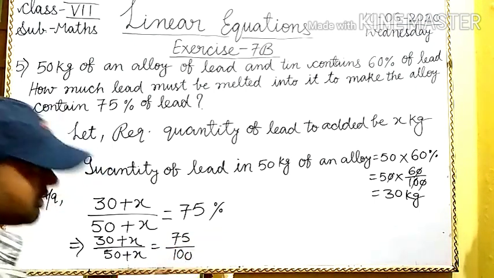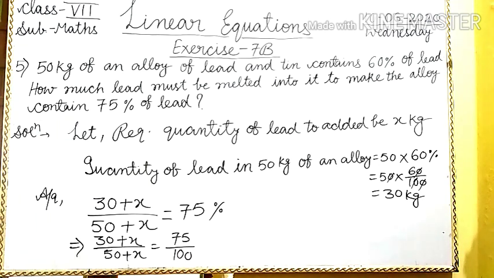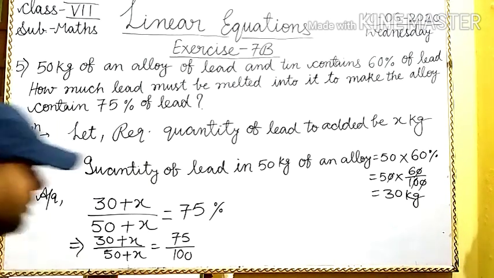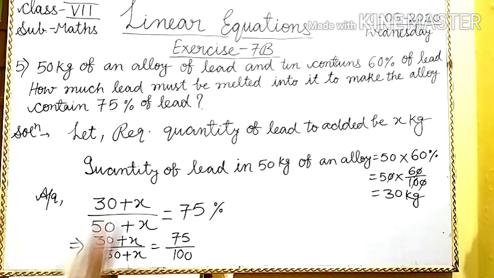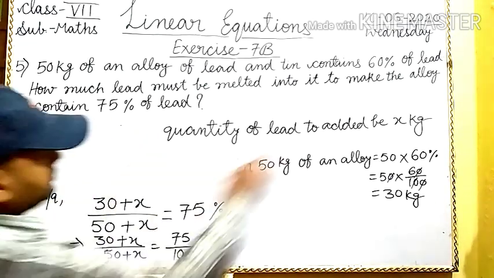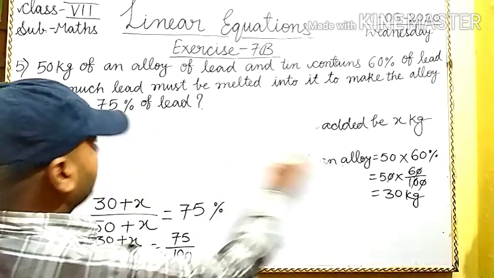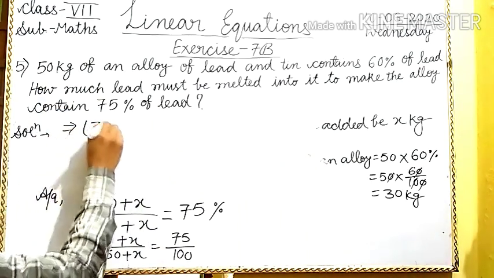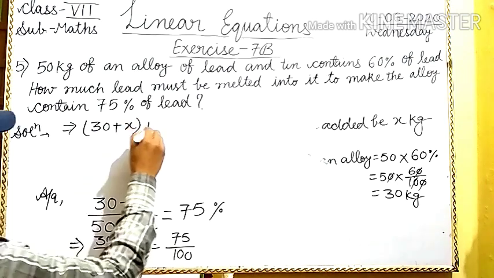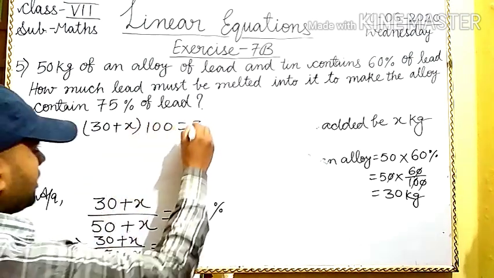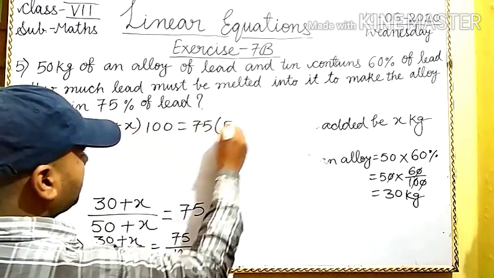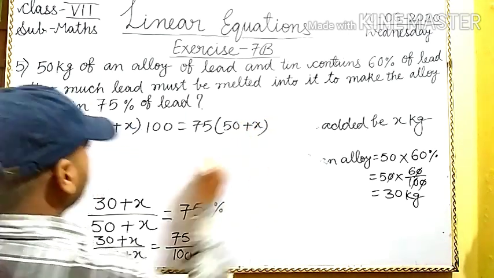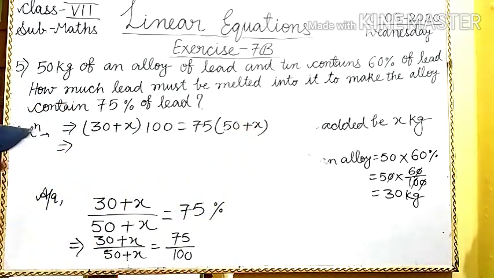Here remove the percentage. Now, by cross multiplication, 30 plus x into 100 equals 75 into 50 plus x. Is it clear?